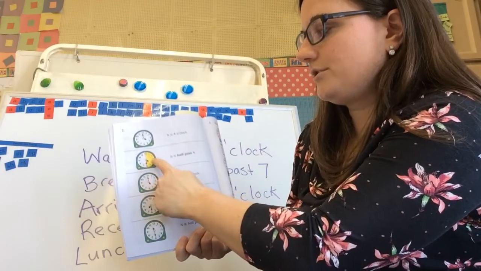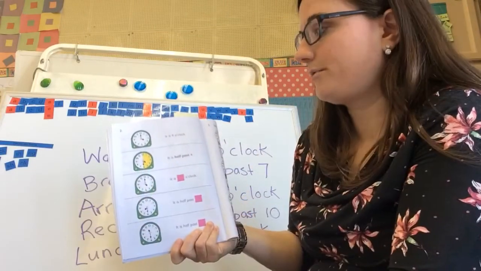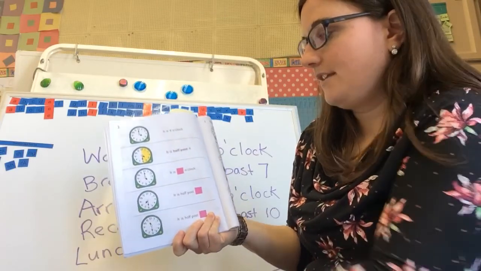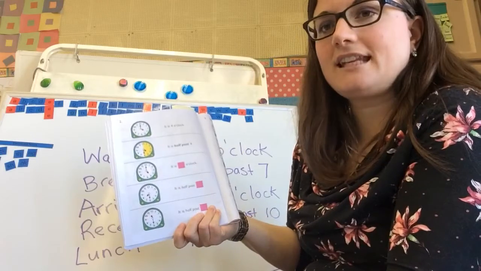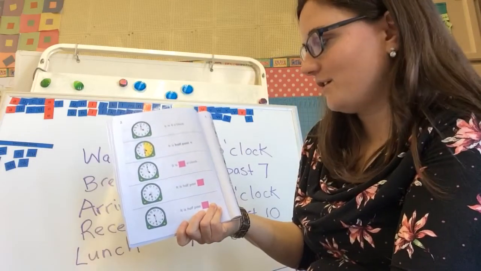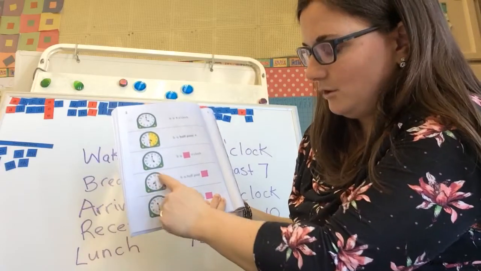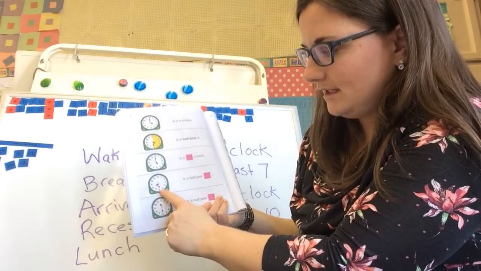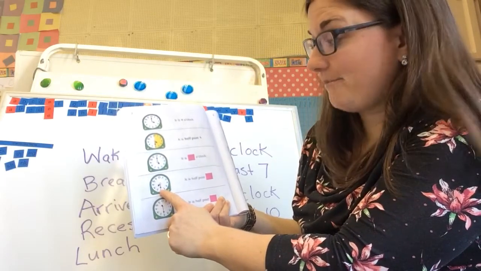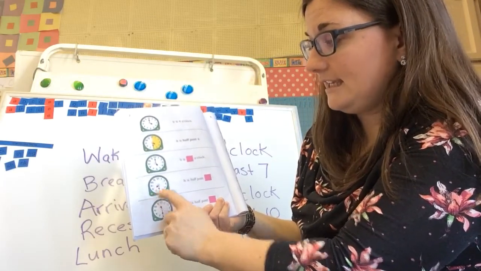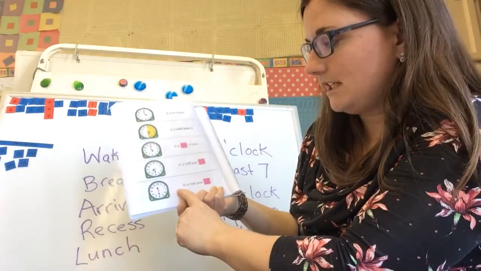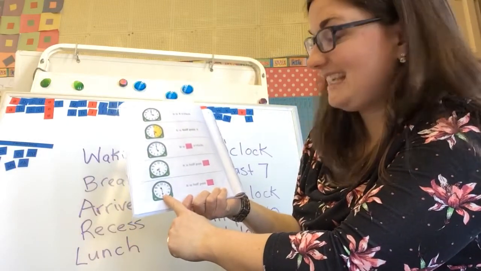Then the yellow shows the half that I'm going to go around the circle. It is 4:30. The next one, what time is it on the next clock? Say it with me. It is 5 o'clock. And then if we look down at this one, the big hand is at the 6, so it must be 5:30. And what's the little hand? 7. It's 7:30. And then if we go down to the bottom one, the big hand's at the 6 again, so it's 11:30.